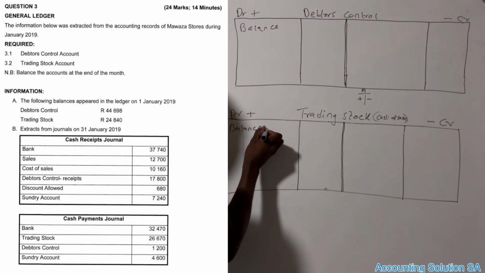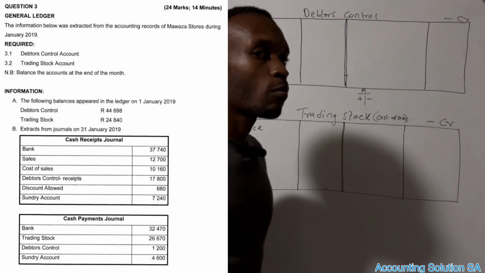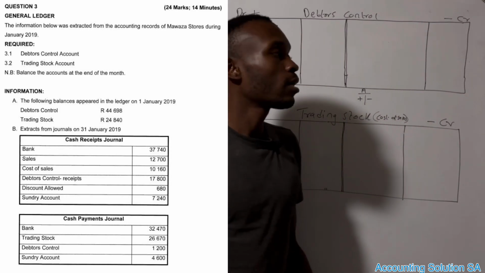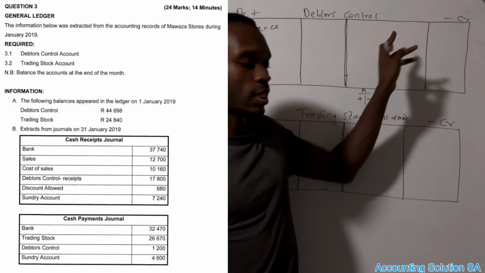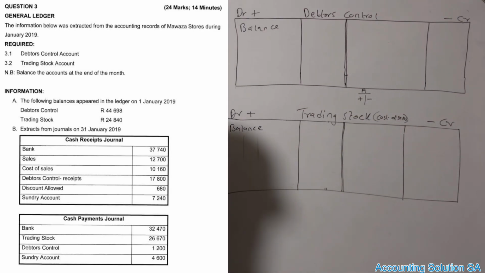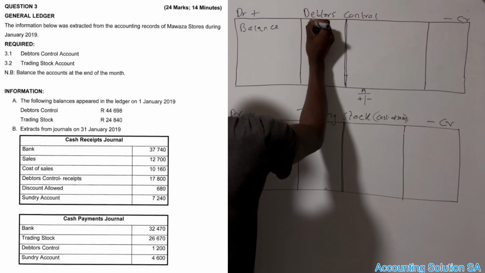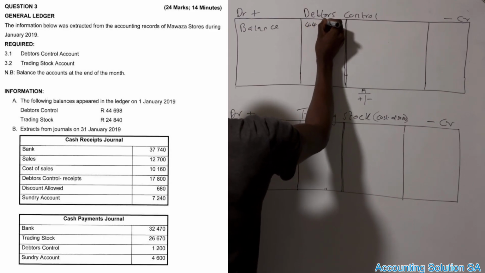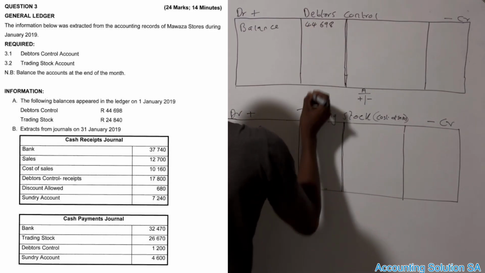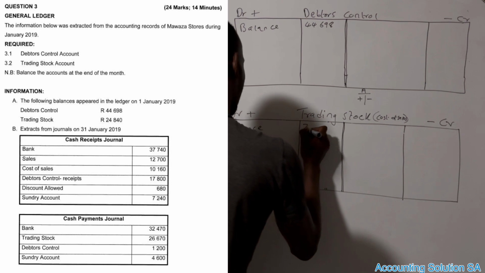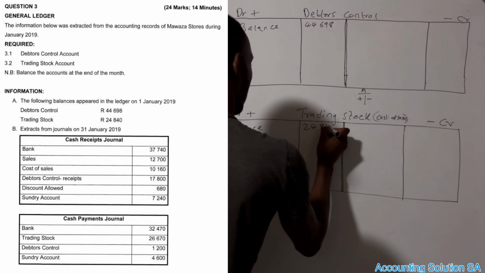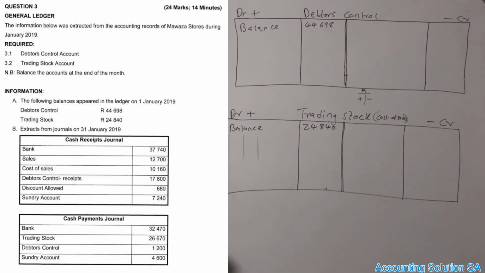If you are preparing a creditors control, because plus is on the credit, you're going to have the opening balance on this side. Now let's check the debtors control. The amount of opening balance is 44,698, and here it is 24,840. Very simple. Opening balance.